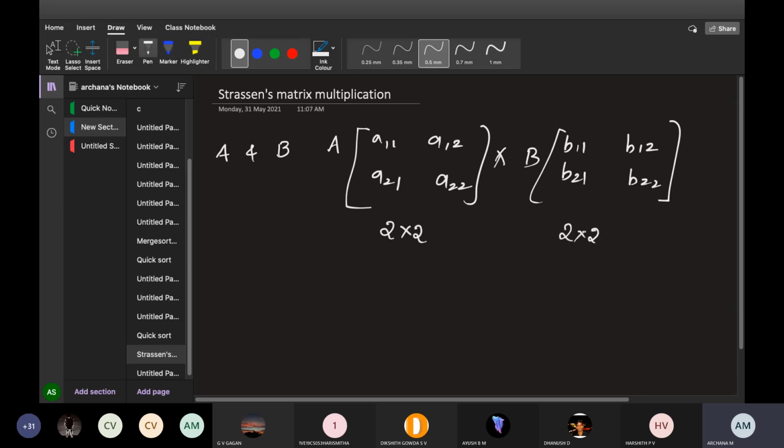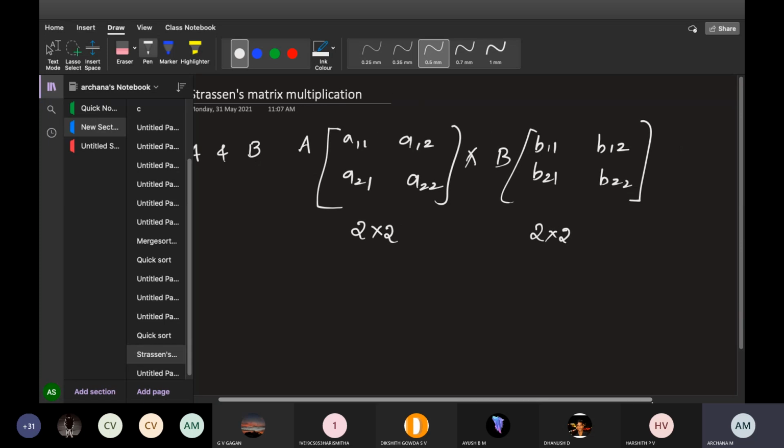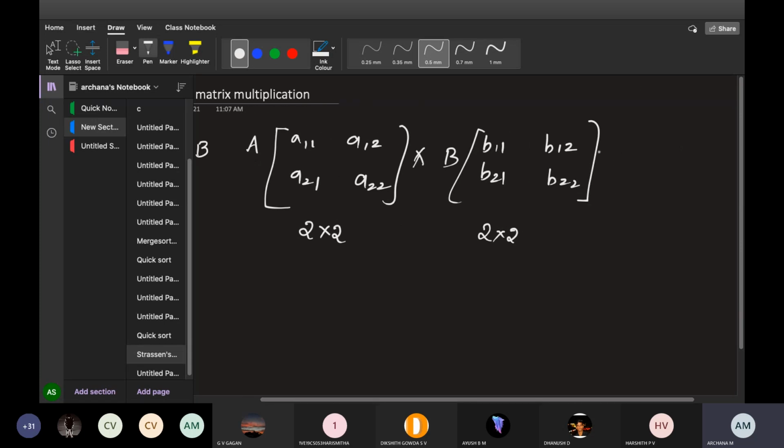So what is the main important thing? For example, now I need to multiply these and find the resultant matrix, that is, the C matrix. When you consider matrix multiplication, what is a very important thing you need to check in maths?